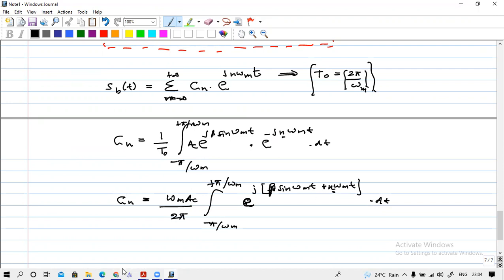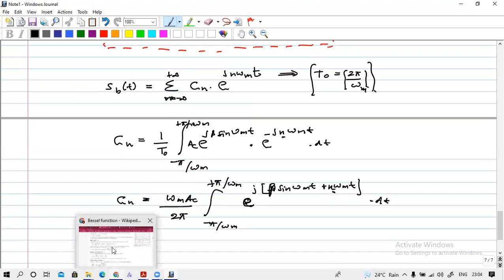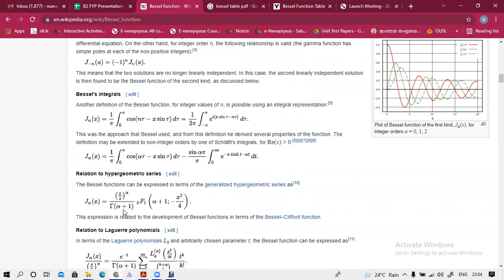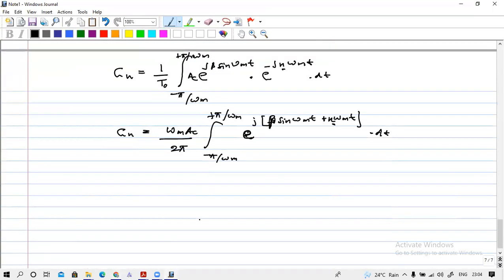So you can see it is somewhat identical to our second definition of the Bessel function. Here it is tau, and here it is t. The only variable is tau. So I'm going to form my expression.